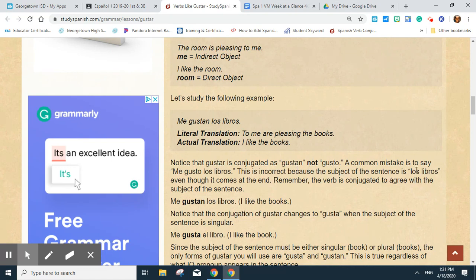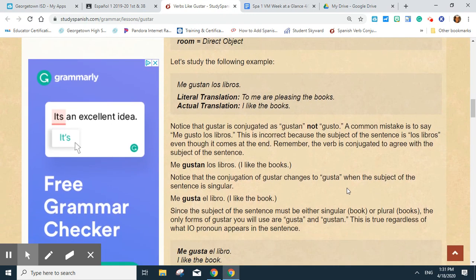A common mistake is to say me gusto los libros. This is incorrect because the subject of the sentence is los libros, even though it comes at the end. Remember, the verb is conjugated to agree with the subject of the sentence.